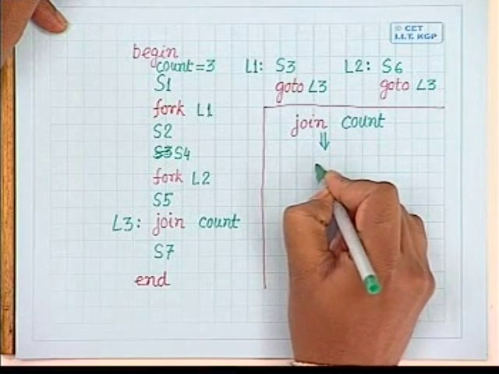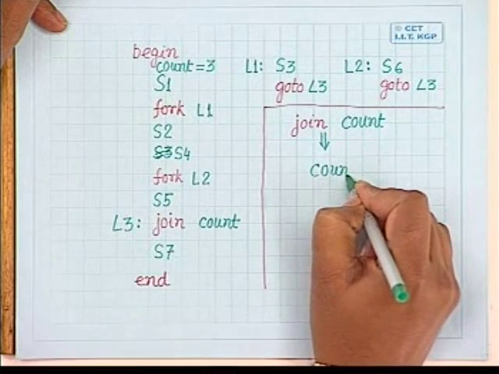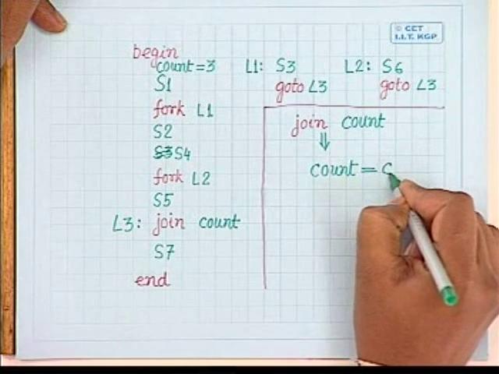It decrements the value of variable count by 1, so count becomes count minus 1.